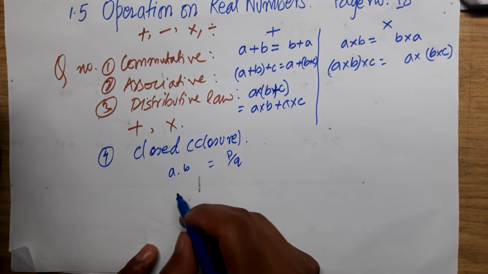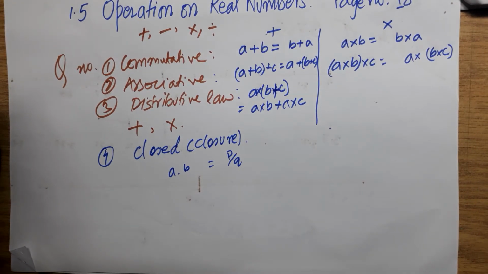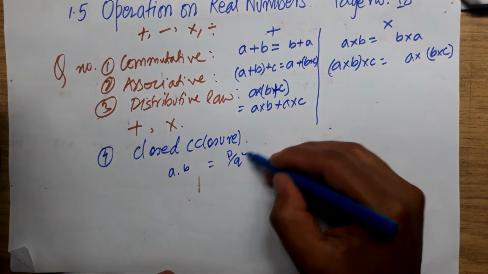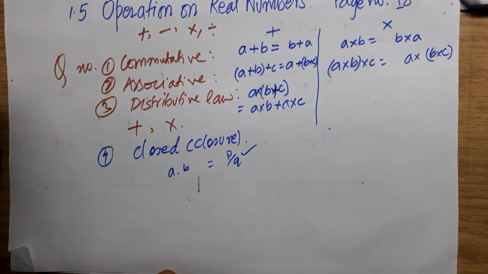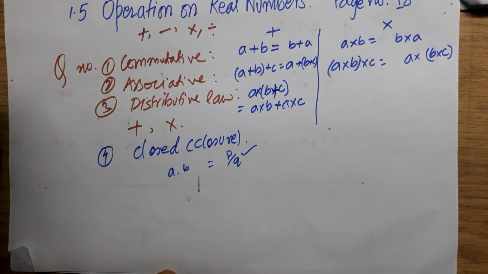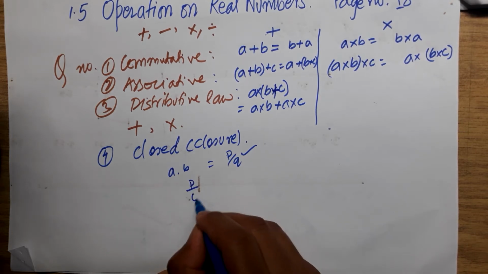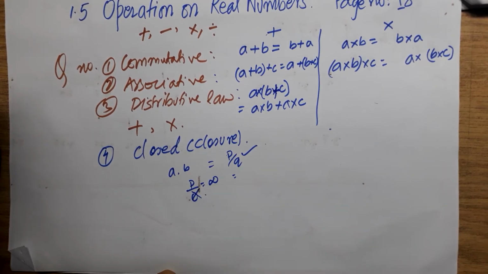Multiply them, again it will be rational. Subtract them, again rational. This property is known as closure property, or we say a rational number is closed under addition, subtraction, multiplication and division. In case of division, we do not want 0 because something divided by 0 is not defined, so it should not be 0.